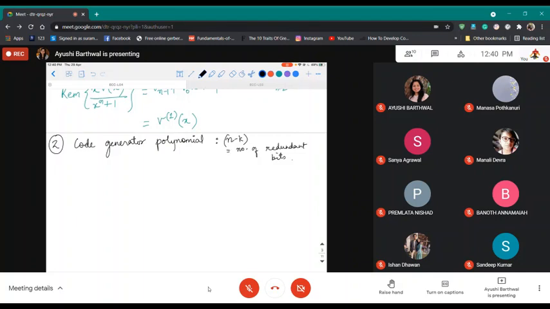And how do we denote this? The generator polynomial is denoted by g(x), and it is written in this manner.